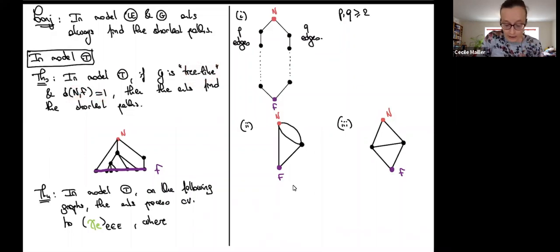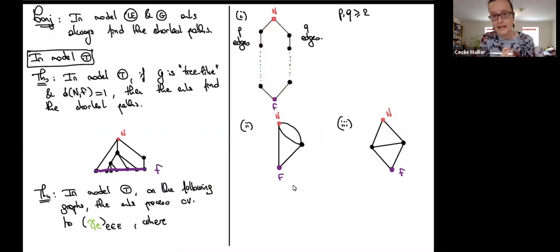So one example of that is this very simple graph where I put P edges on the left path and Q edges on the right path, and I'm asking that P and Q are more than 2 because I don't want to have this assumption here. So the distance between N and F is larger than 2, and I just have 2 paths like this.